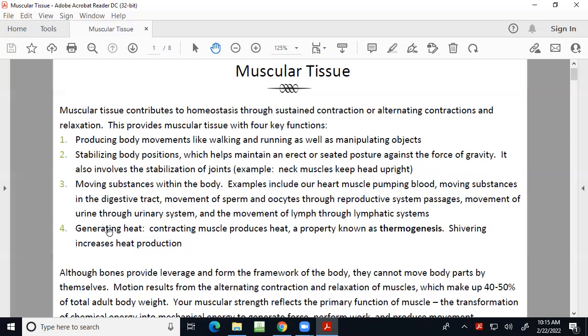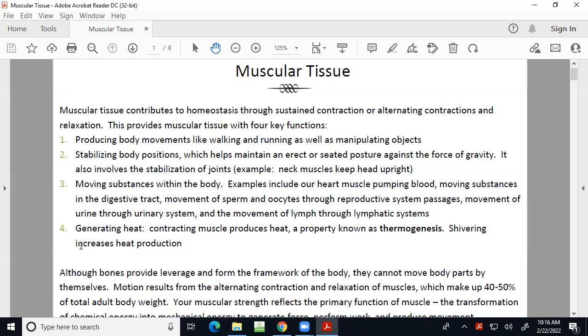The 4th function is a function of all 3 types, because when all 3 types contract, they produce heat. But by far and away, the majority of our muscles in the body are skeletal muscle. So when we talk about the 4th function, it really more so relates to the skeletal muscle.